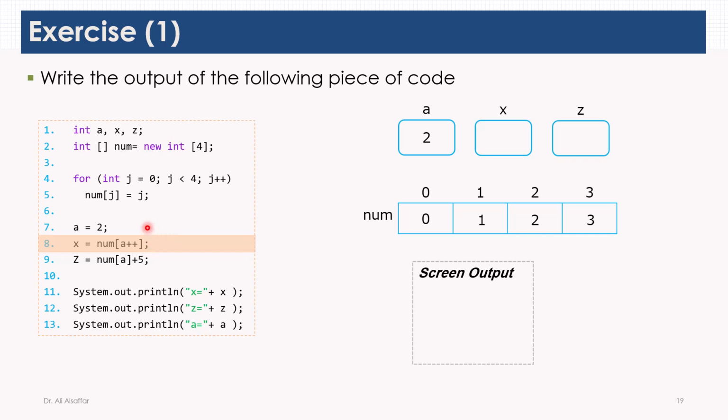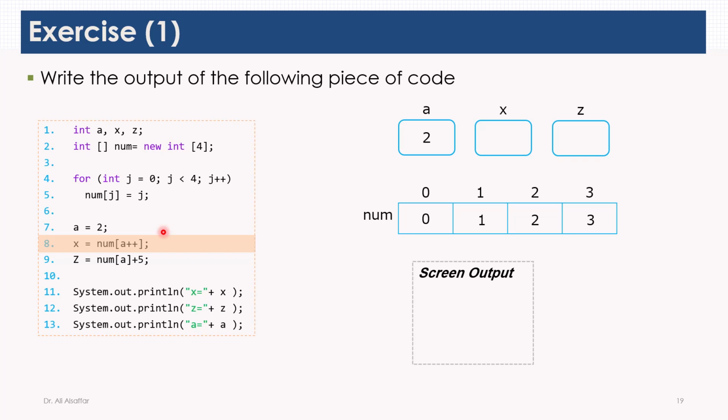So which value of a will be used as an index to the array num? Is it before the update, which is equal to 2, the old value, or after the update, which is the new value equal to 3? Now, since the operator plus plus is written after the variable a, that means we should use the value of a, and then we should increment a by 1.